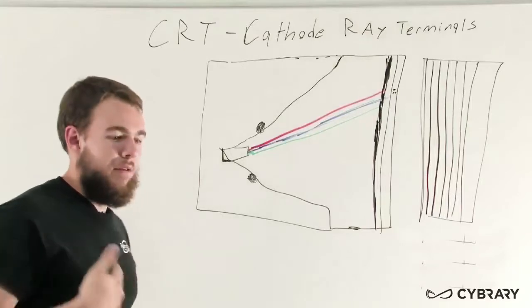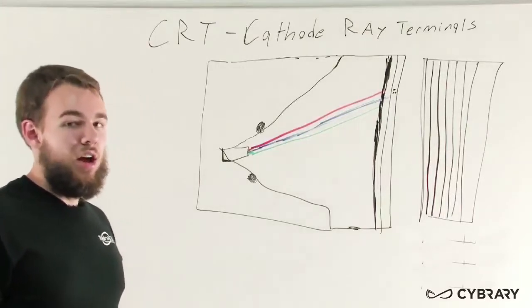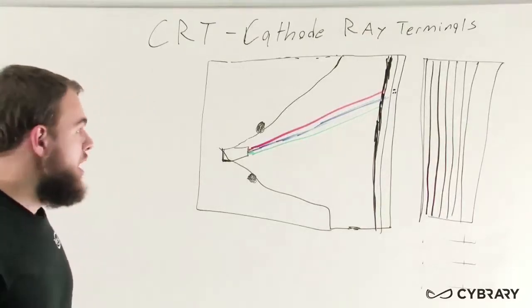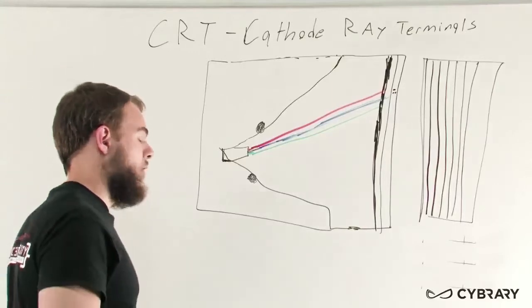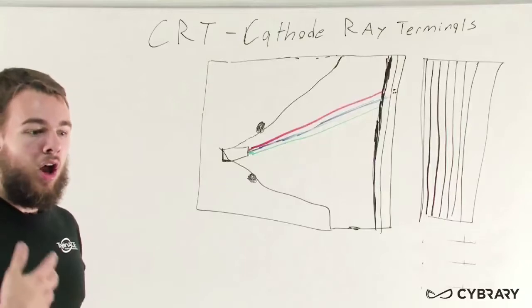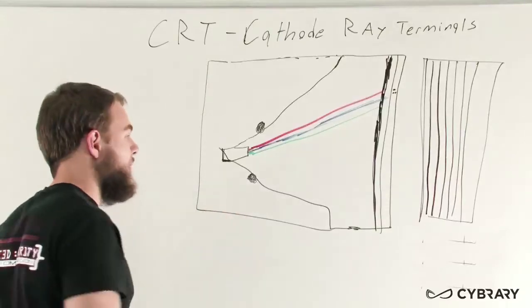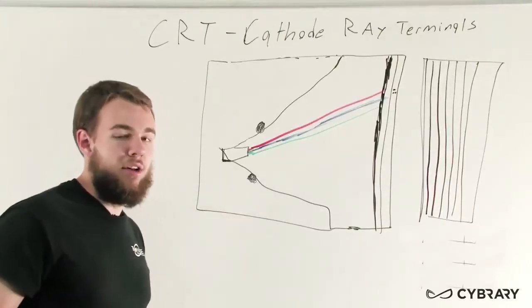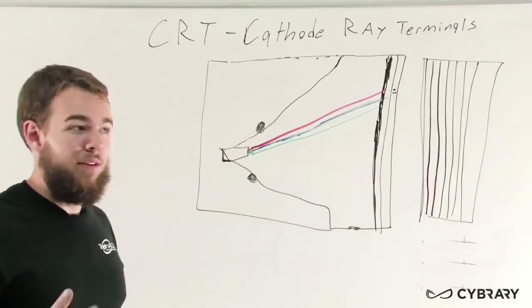We need to be conscious of that high voltage, which can pose a danger to us. So unless we're experienced or trained in it, we don't want to use this little bit of information that we know about CRT monitors to begin trying to disassemble one if it's not working.